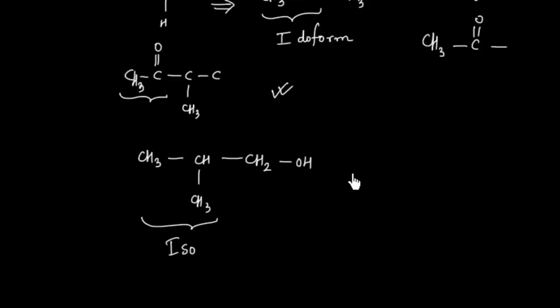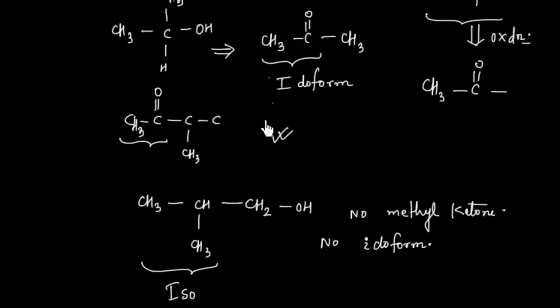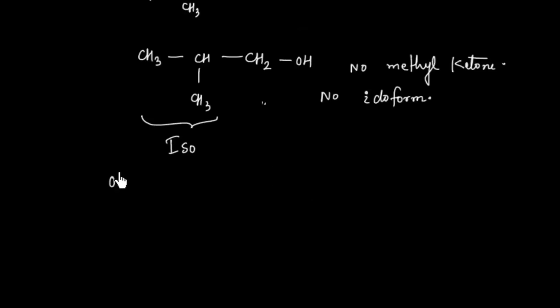So this will not form iodoform. No methyl ketone is formed, so no iodoform test. So you cannot form iodoform, and that is basically option 3, the correct answer in this case.